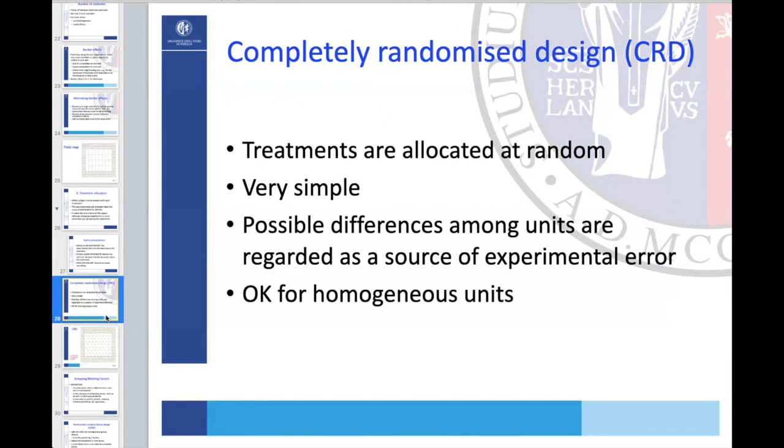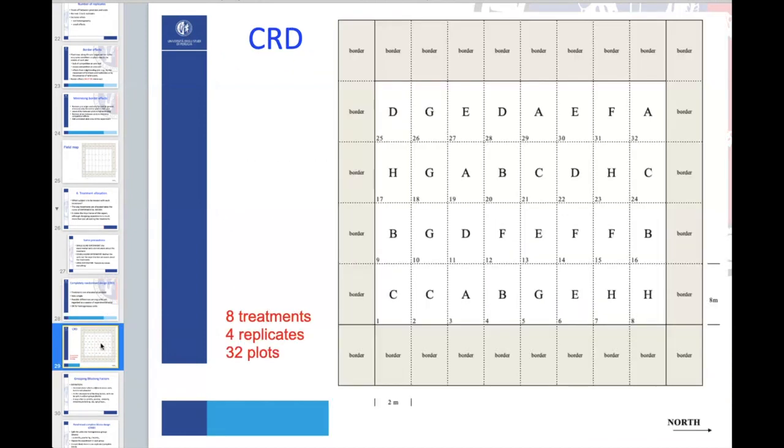So, first type of design. This is very important. I can allocate treatments totally at random. This is what Fisher told us. And this is rather common, but not so common, really. We will see that. In any case, it is very simple. I show you the map. Look at this map. Here, I have allocated 8 treatments with 4 replicates. Look here.